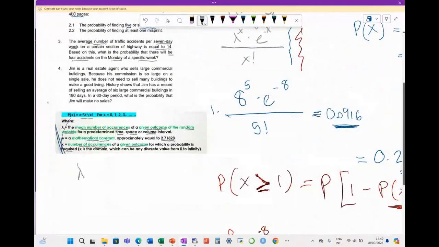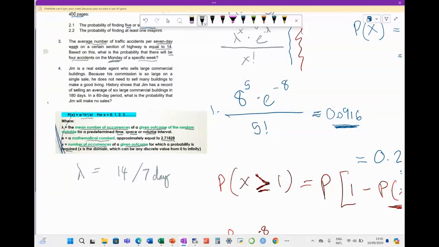So our average, they're telling us, is equal to 14. But that's 14 accidents per 7-day week. And here, when they're saying they want to calculate the probability only for Monday, Monday is how long a time interval?